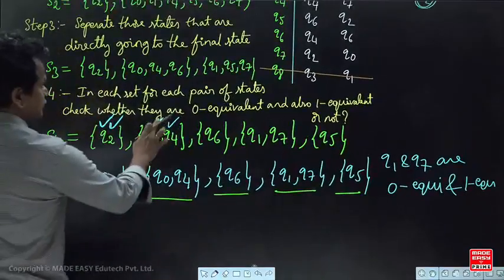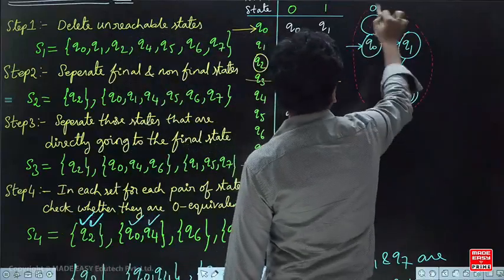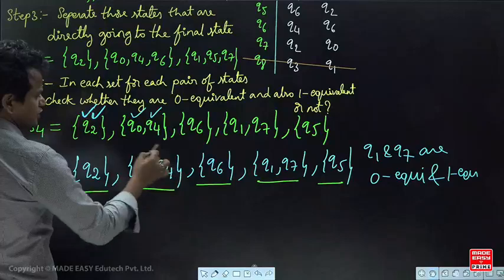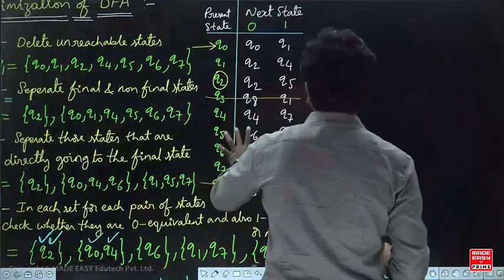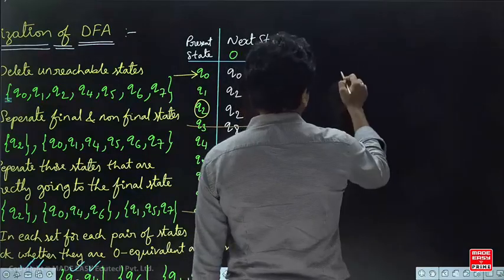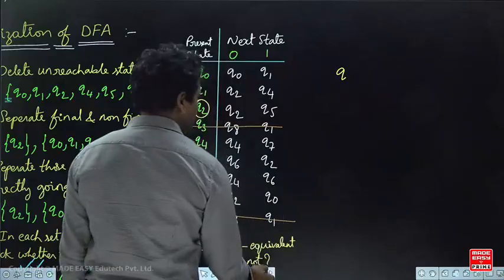So Q0, Q4. Here Q0 is the initial state. Here we got the Q0 and Q4 combination. Therefore, I will take Q0, Q4.